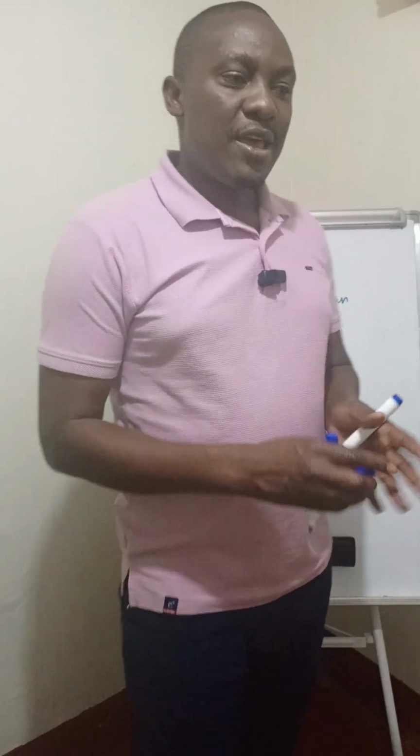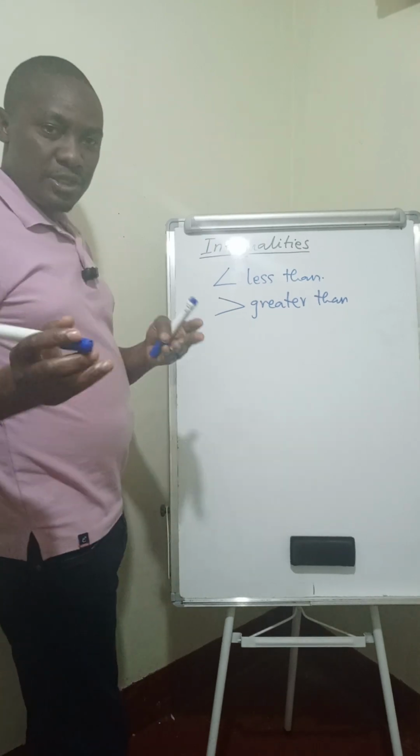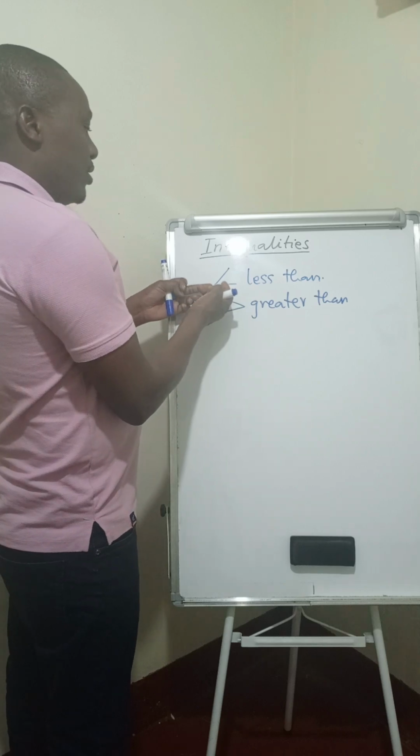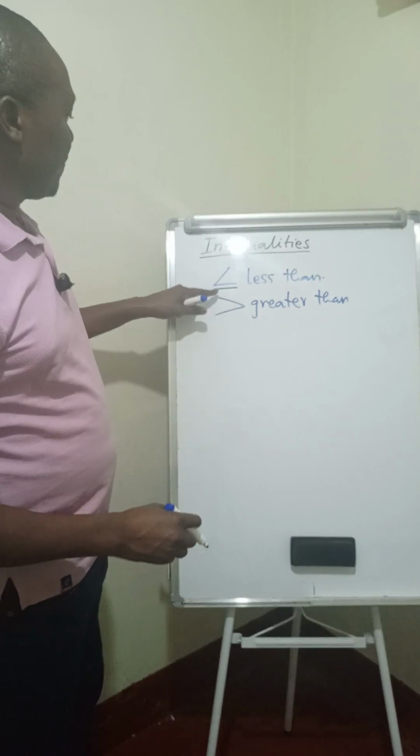So today I want to introduce something new, and I want you to be very keen. They are the symbols that always confuse students. You can have this symbol, then add another sign there.